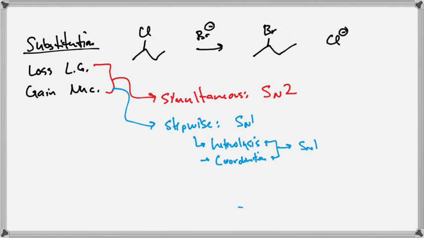Would that one happen first? So if we're going to talk about the SN1, which one happens first? Heterolysis will happen first, then the coordination. Okay, and again, when we talk through it in lab this week, we'll talk through why.